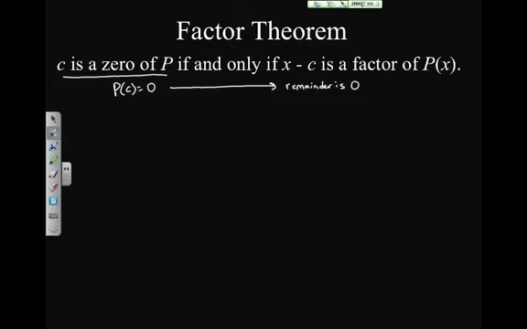And if a remainder is 0, that means x minus c divides p of x evenly, which is what it means to be a factor. So using the definition of these things and also the remainder theorem, we find out that c is a 0 of p if and only if x minus c is a factor.